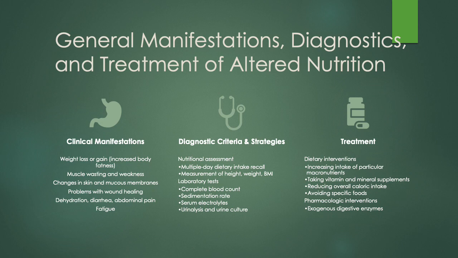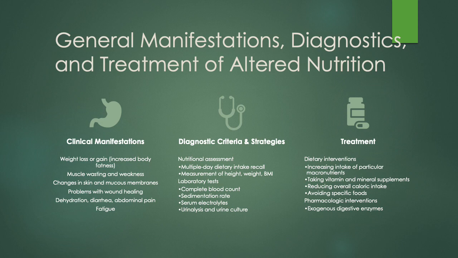As far as your diagnostic criteria and strategies, you want to do a nutritional assessment. You want to do dietary intake and recall. You want to measure height, weight, and BMI. As far as your laboratory tests, you want to get an erythrocyte sedimentation rate. You want to look at an individual's electrolytes because they are heavily influenced by nutrition, especially sodium, potassium, magnesium. All of those electrolytes are heavily influenced.